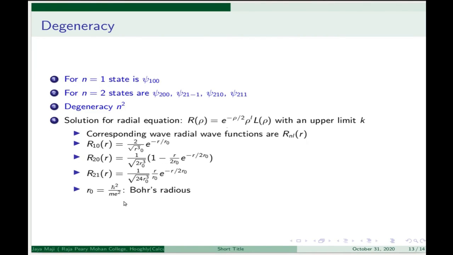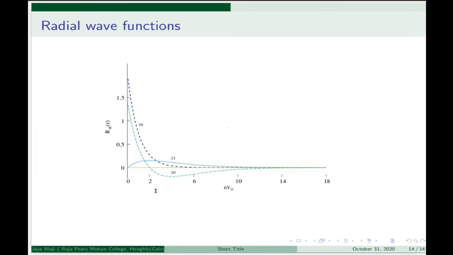And here r0 is the Bohr radius, which is h cross square by m e square, and this is the plot for the radial wave functions against r by r0, for n equals 1 and n equals 2.